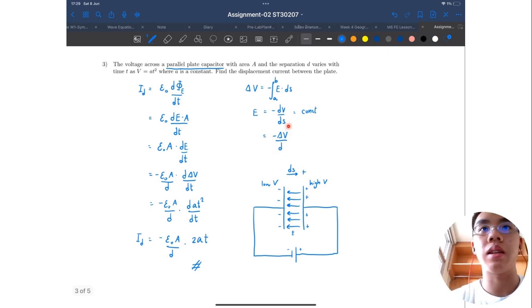Since in a parallel plate capacitor the electric field is constant, the derivative is also constant, so we can change it to delta V divided by distance d. We can plug this into our first equation. We've got the following, and then V is A t squared, so we put it in and find the derivative.